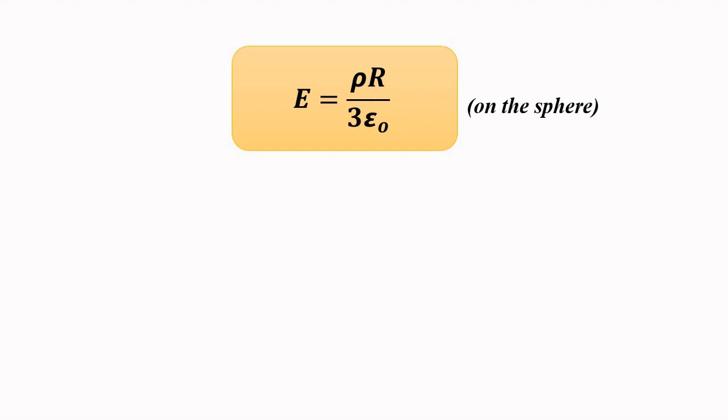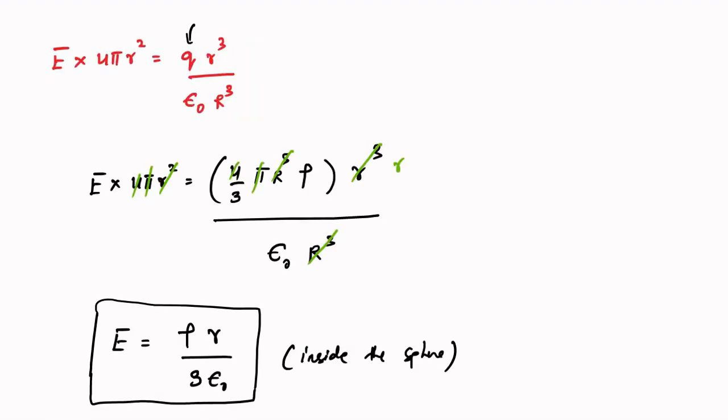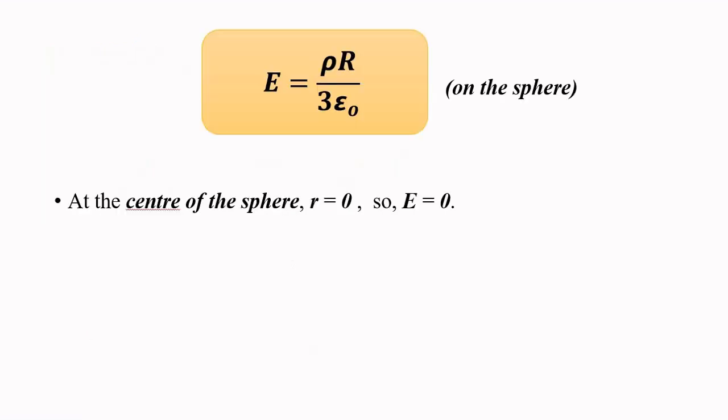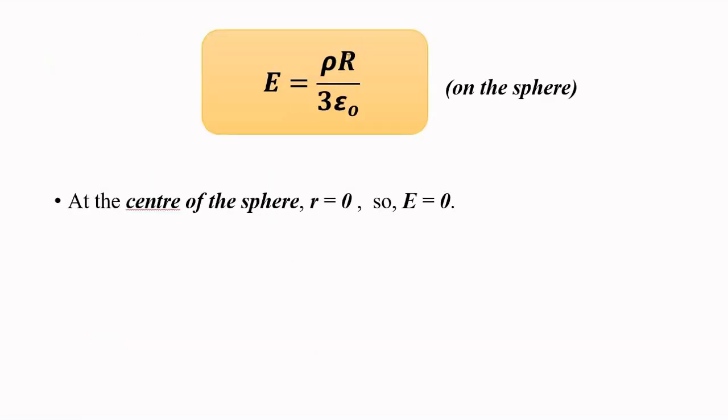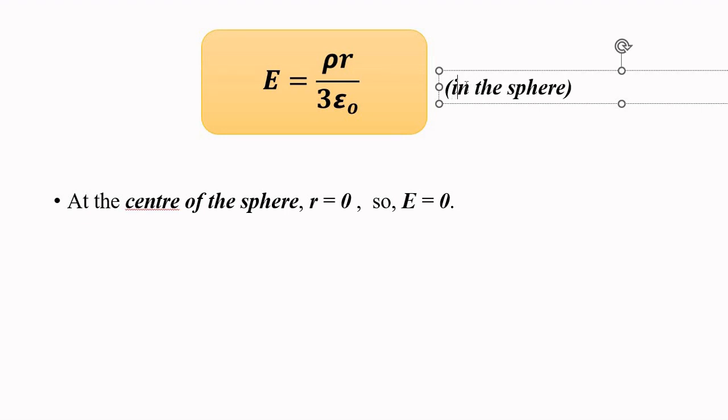Inside the sphere, at a certain distance small r from the center, it is ρ r by 3 ε₀, that is inside the sphere.